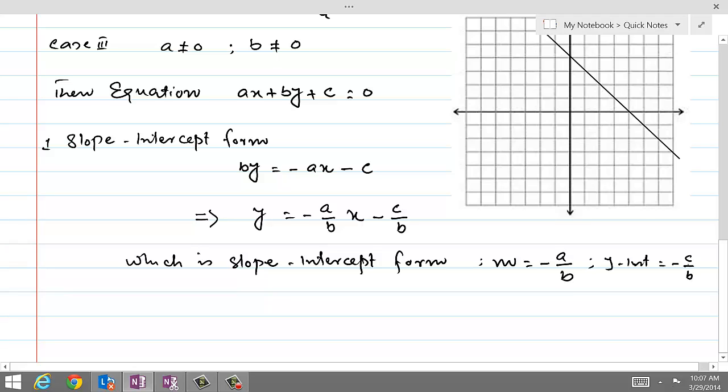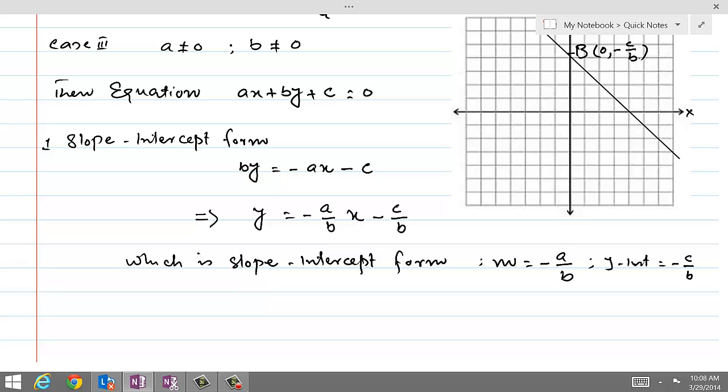From this we can see that this point b, which is a y-intercept, its distance from x-axis is equal to minus c over b. Therefore coordinates of b would be 0, minus c over b. Exact location of b will depend upon the values of c and b, but this is just a good guess.